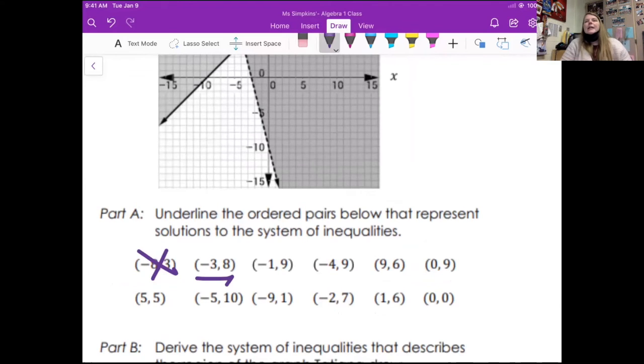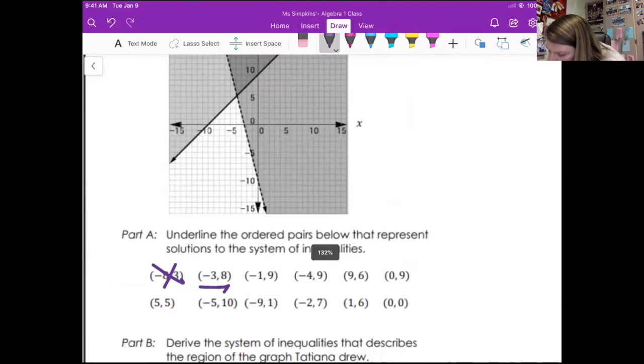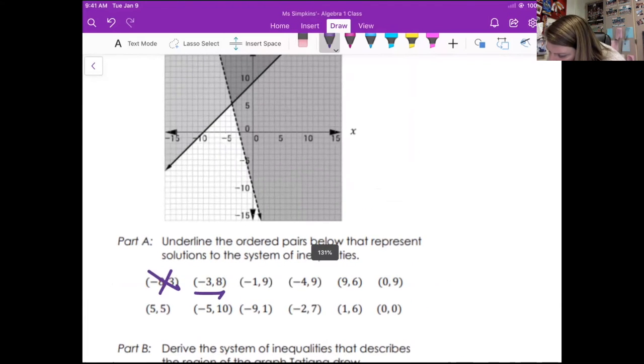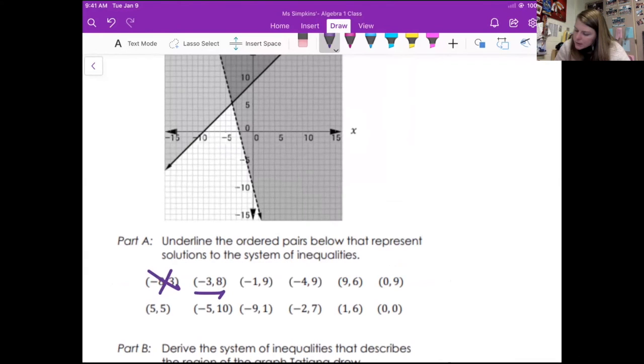What about -1, 9? Yes, that is. What about -4, 9? Yes. What about 9, 6? No, 9, 6 is only in one of the shaded areas.